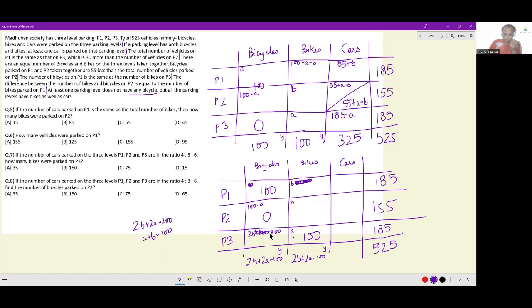So this will turn to 2B. I'm very happy. A as a variable is out of running altogether. This will turn to 2B plus 100. Let me write down the expressions appropriately.